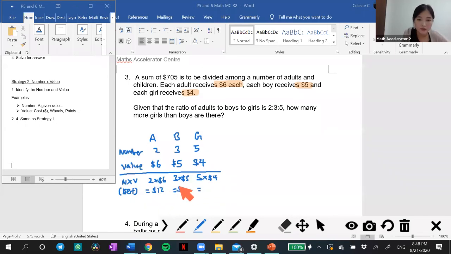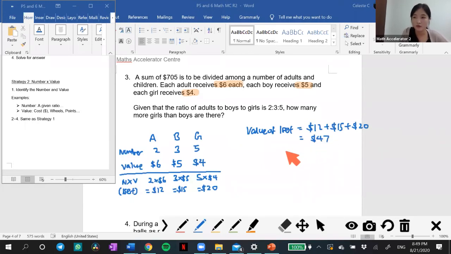Some of you calculated already. So this is for individual A, B, and G. So what is the value of one set? Okay, add everything up. What do you have? 47. Good.